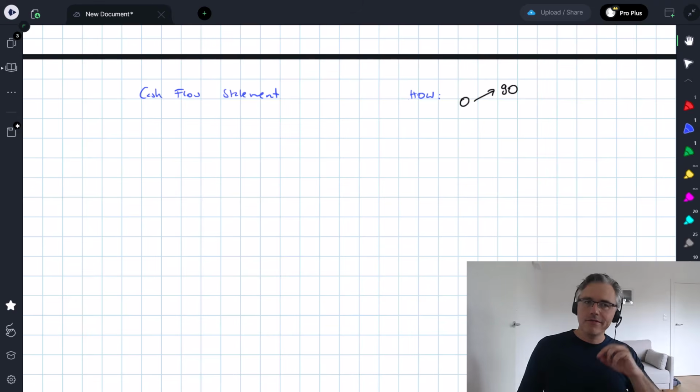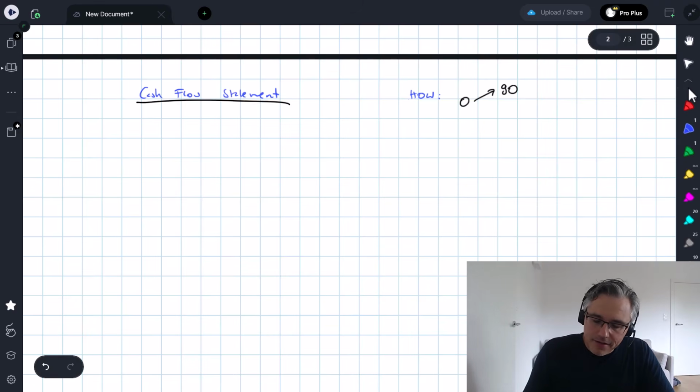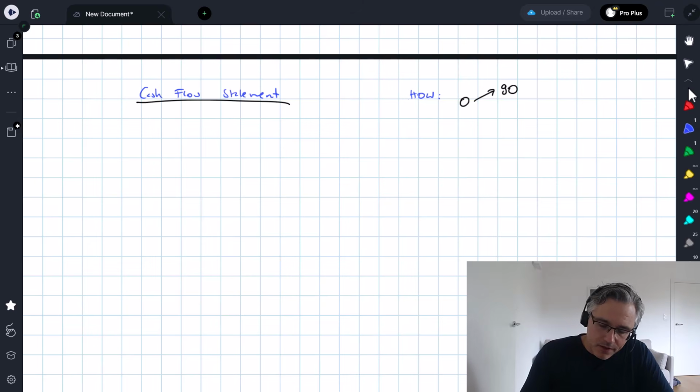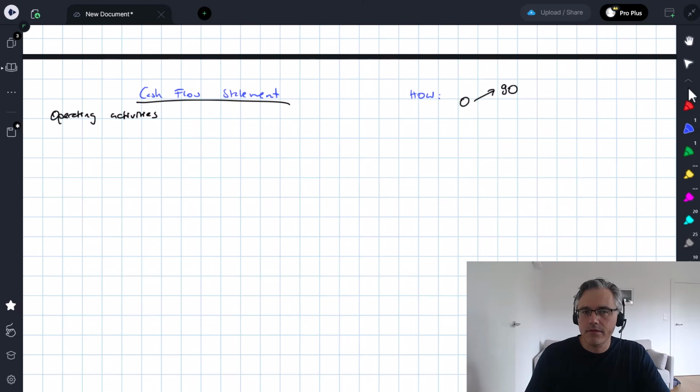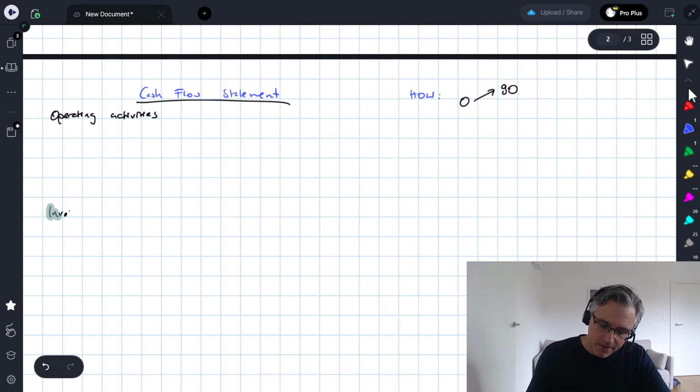But the cash flow statement also has certain rules. The activities of the business are split into what we call operating activities, investing. Actually, let me leave just a little bit of space.